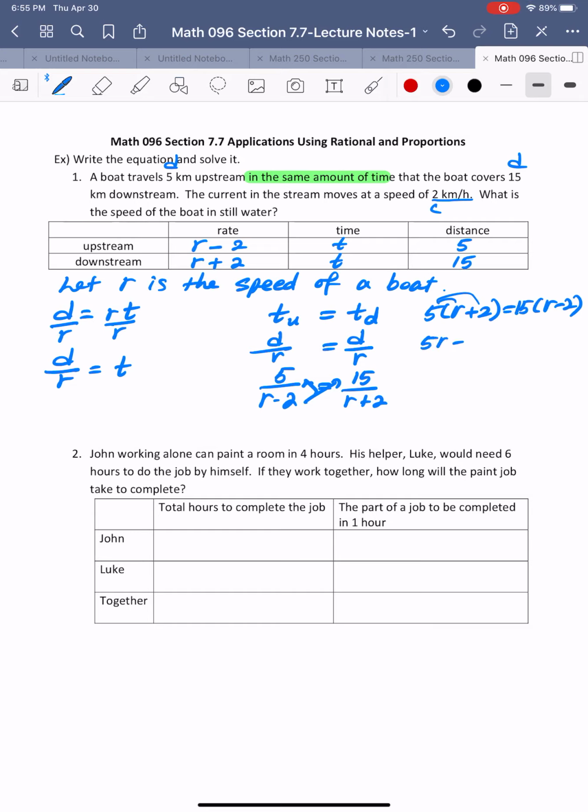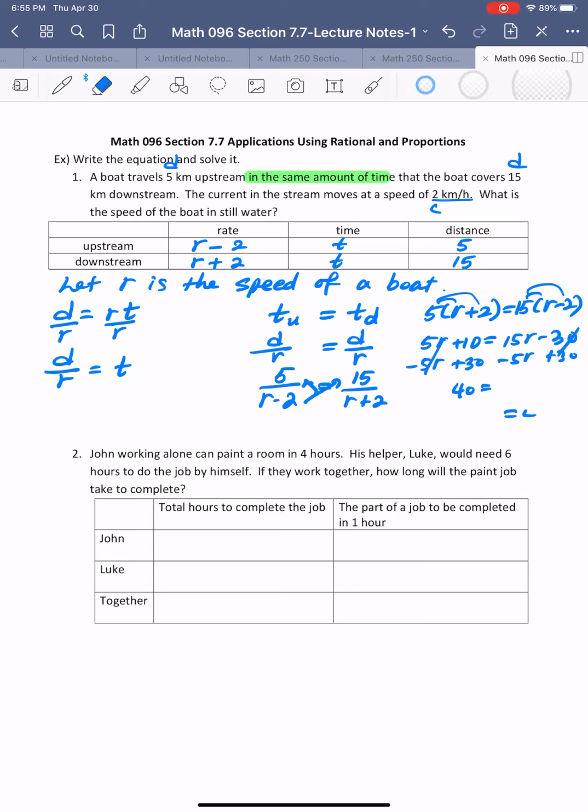So 5r plus 10 equals 15r minus 30. Then subtract 5r on both sides and add 30 on both sides, and you get 40 equals 10r.